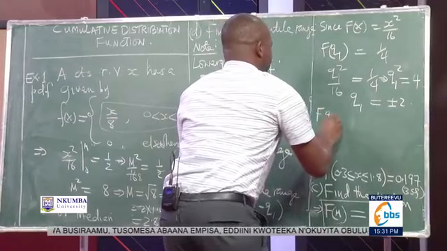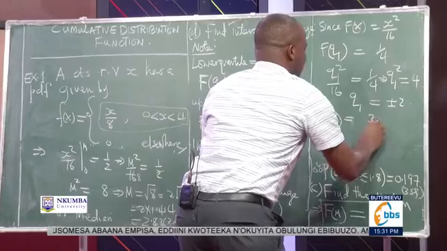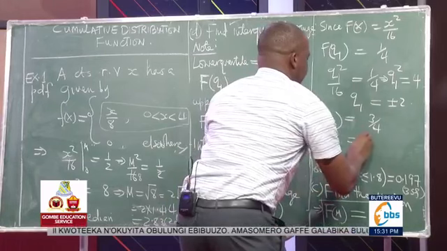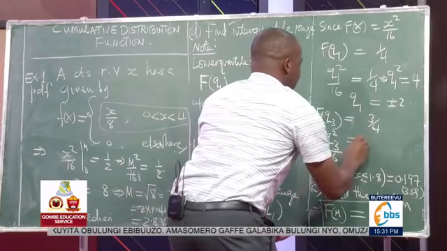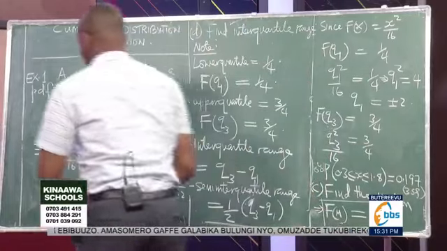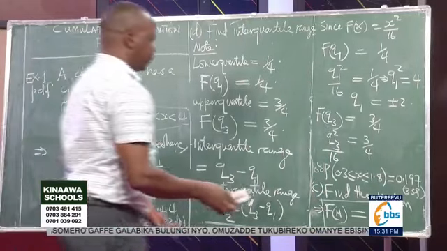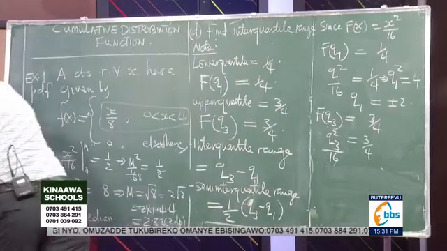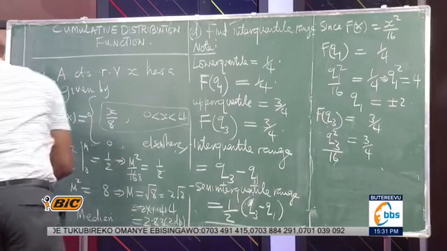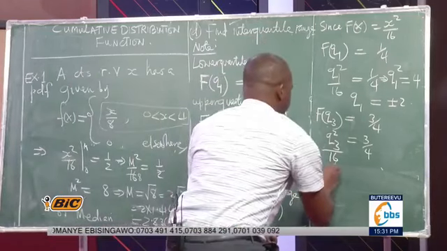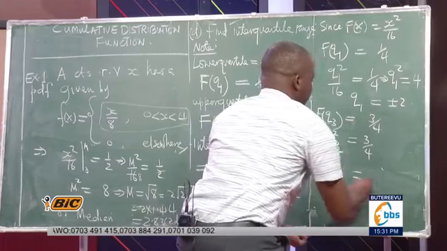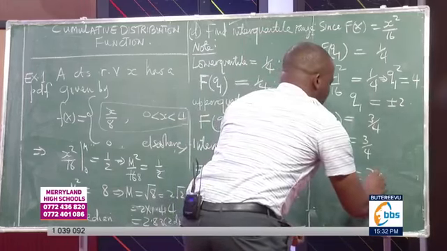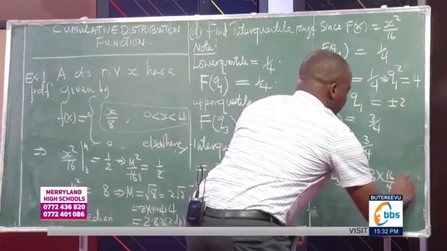Similarly, F of Q3 will be equal to 3 quarters, and this implies that Q3 squared out of 16 is equal to 3 quarters. If we simplify that, we shall be able to get our Q3 squared as 3 times 4, which is 12, times 16 out of 4, which is 12.